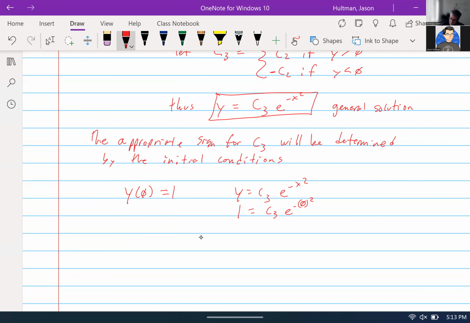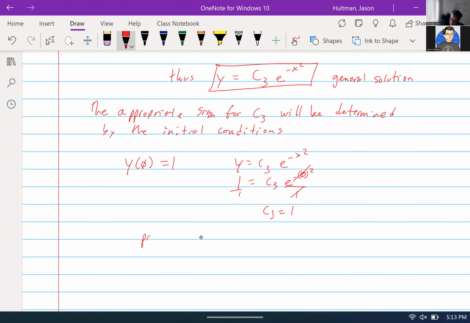Plugging that in, e to the 0 is just 1, so divide both sides by 1, and we get C3 is equal to 1. So my particular solution is y equals 1 times e to the negative x squared. So that's just e to the negative x squared.